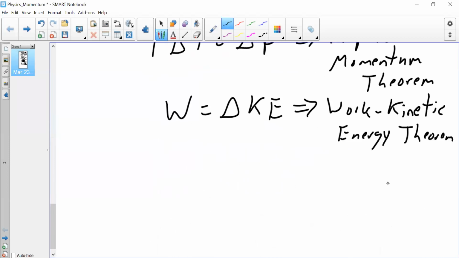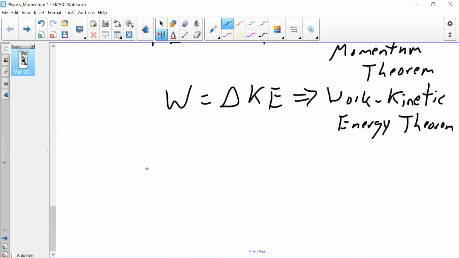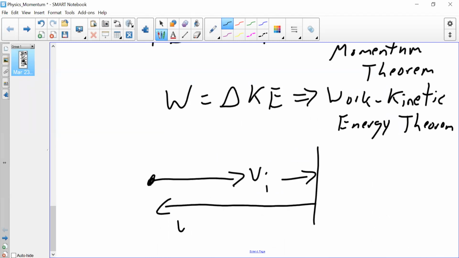So another example of that is if I have the ball, you play racquetball or tennis or something, and the ball's coming at you at a certain initial speed, and then it hits a wall and it rebounds back at some final speed. Well, even if the speed is the same size, it has changed direction.